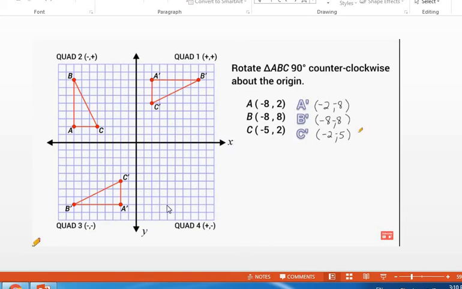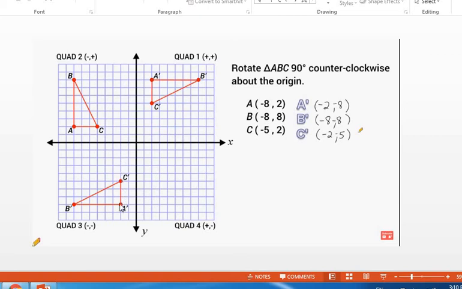Then we will plot the dots of A, B and C in the graph in the coordinate plane, and I will put here A dash will be negative 2 and negative 8. I start with the x-axis, don't forget: negative 1 and then negative 2, and then go to the y-axis until I reach negative 8.